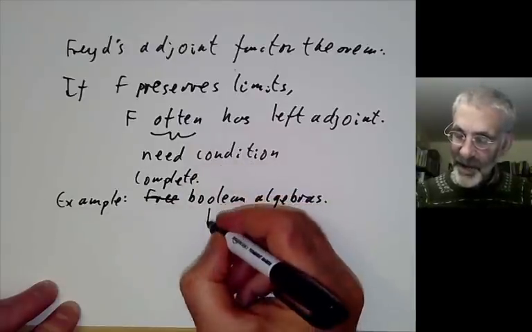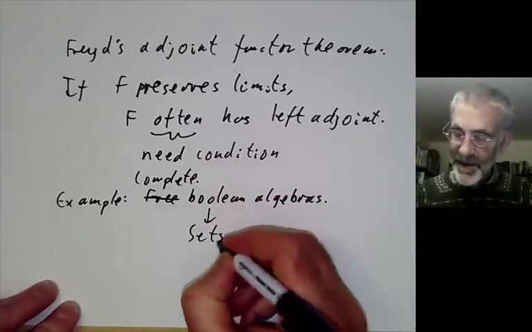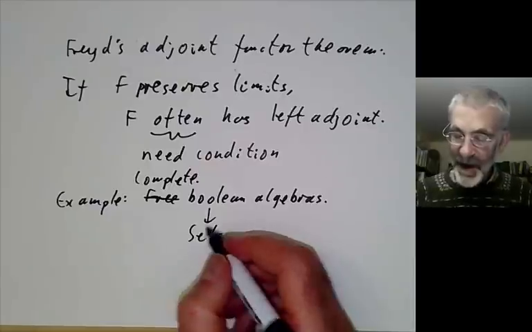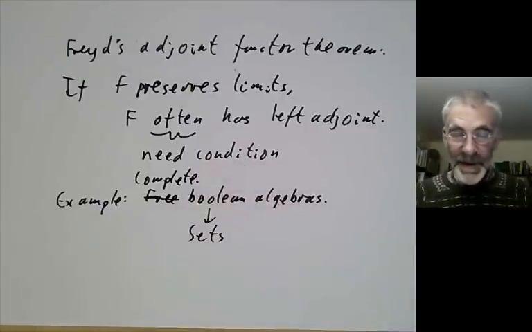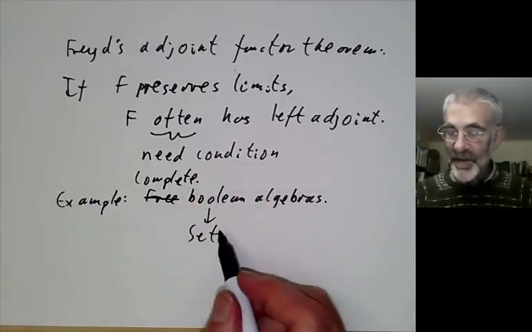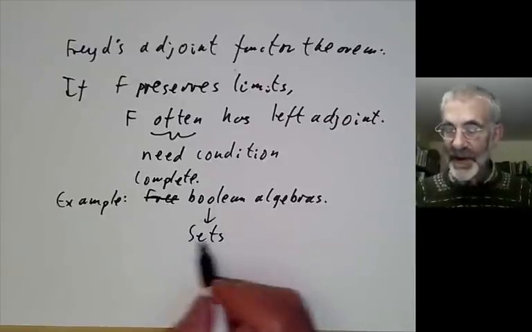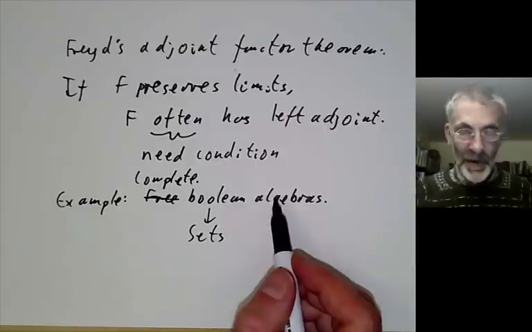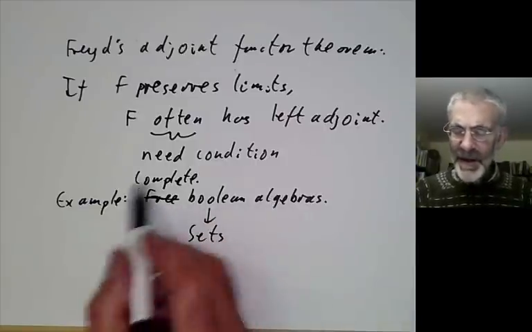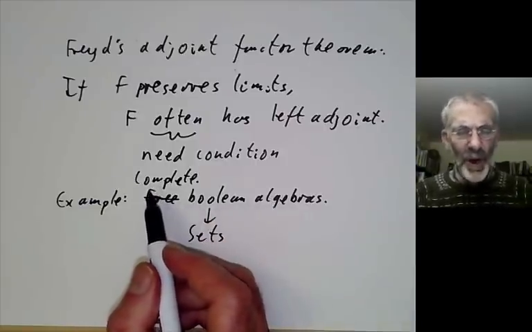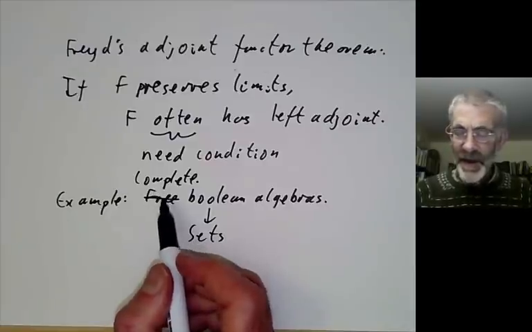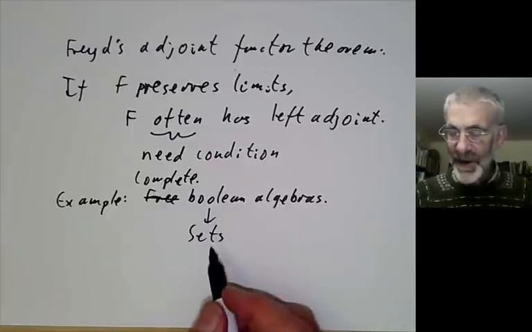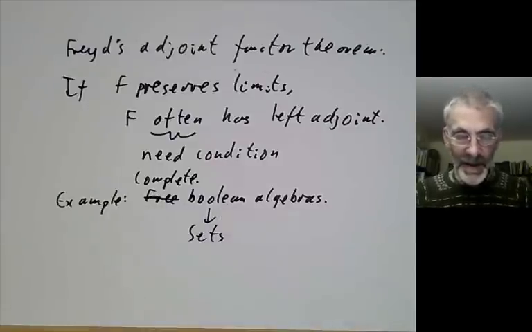So there's a map from complete Boolean algebras to sets, which is just the forgetful functor, and this doesn't have a left adjoint. It turns out there's no way to form the free complete Boolean algebra on a set. You can certainly form the free Boolean algebra on a set rather trivially, but completeness kind of mucks it up. It turns out there's no upper bound to the size of a complete Boolean algebra generated by a countable set.